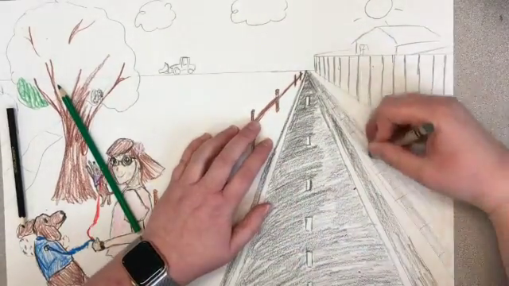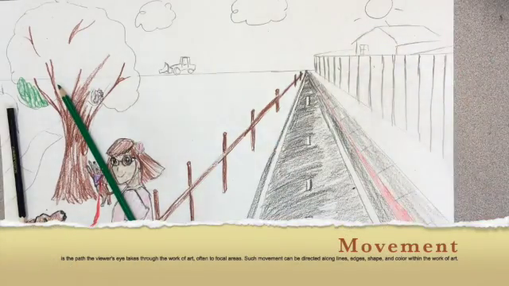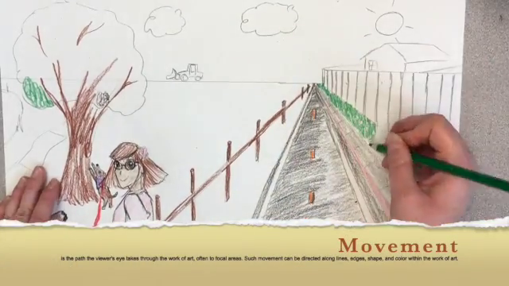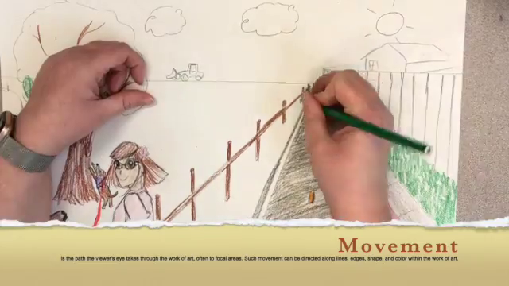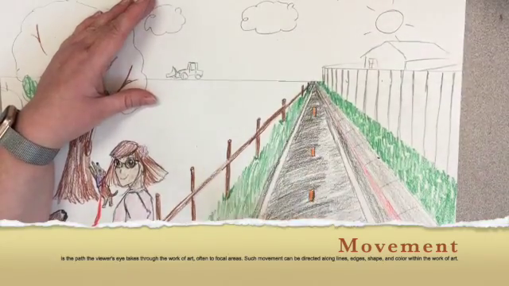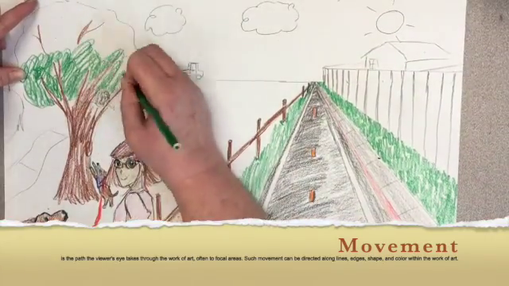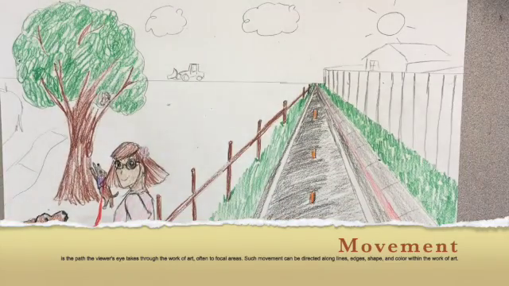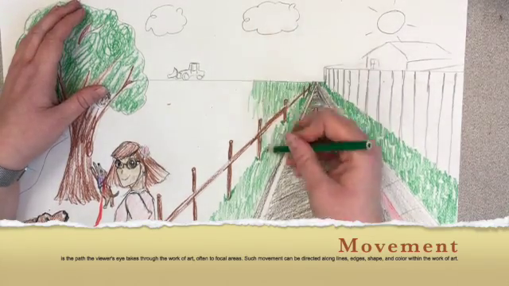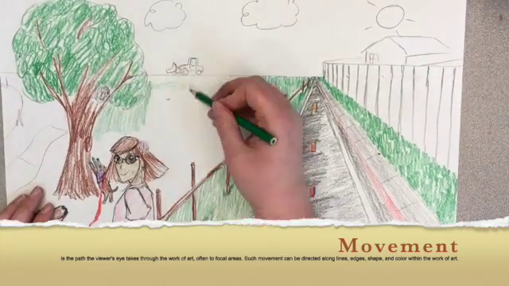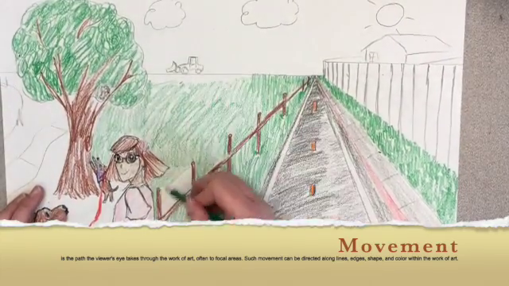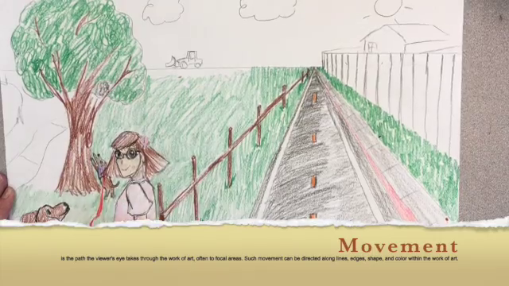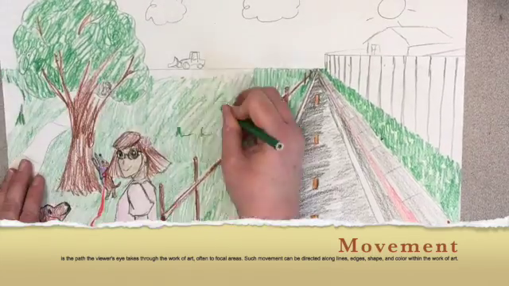Another tip for colored pencils is to tilt your colored pencil at the side. If you're tilting it at the side, it's going to allow you to cover more ground more quickly as you're coloring in. If you vary your pressure and press down harder where you want to have thicker lines, it's going to allow you to make more detail lines. This can also help with creating movement as you're coloring in.